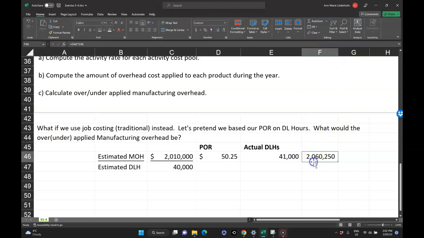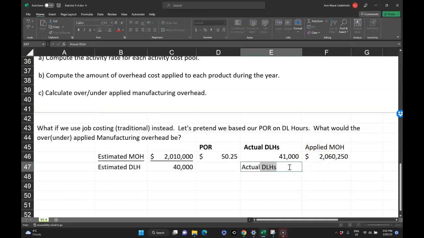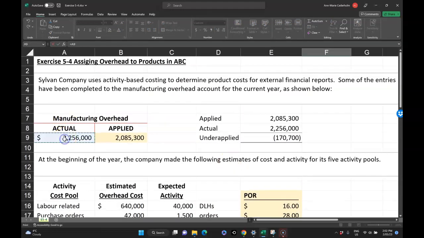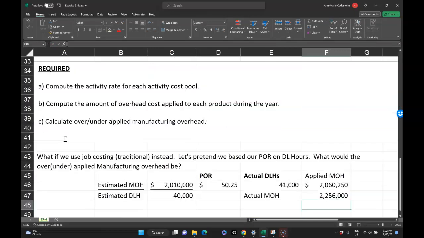You could do it by product as well and then add it up. So my actual applied manufacturing overhead is 2,060,250. So if I wanted to use this one instead of activity-based costing, then I would take my applied overhead and then subtract your actual manufacturing overhead, which was this number, the 2,256,000.